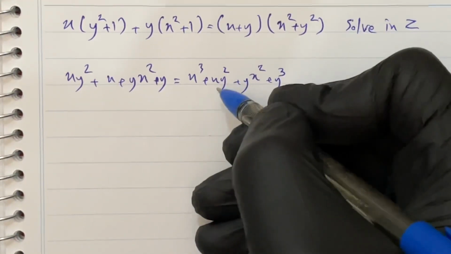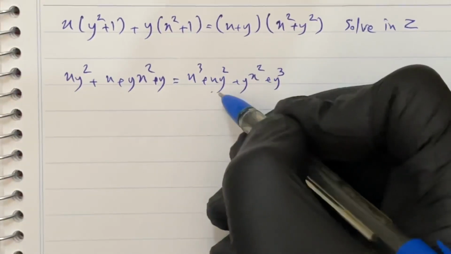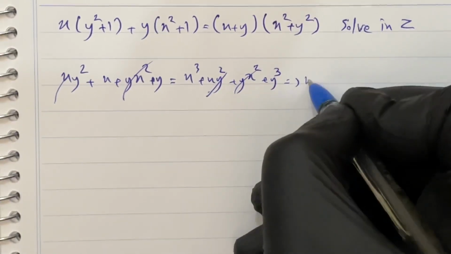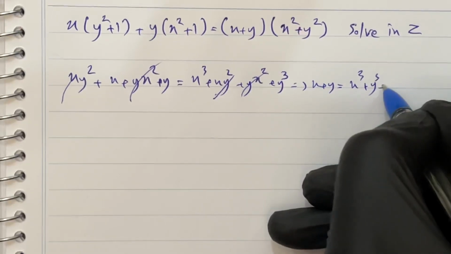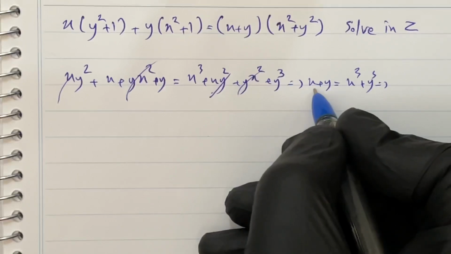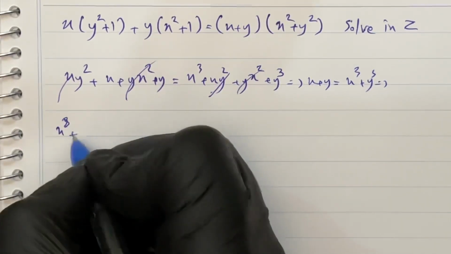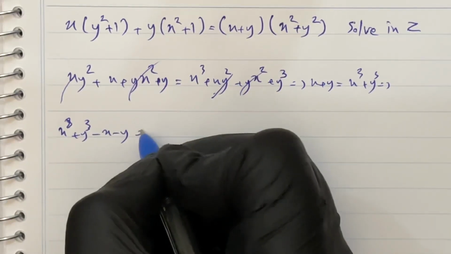If we simplify xy² and yx² from both sides, we would have x plus y equals x³ plus y³. To solve this, let's move these over, and we would have x to the power of 3 plus y to the power of 3 minus x minus y equals 0.